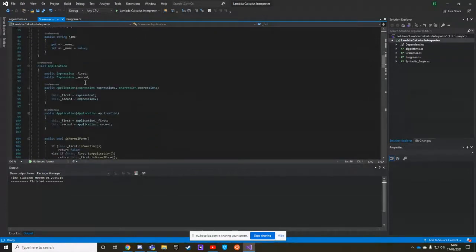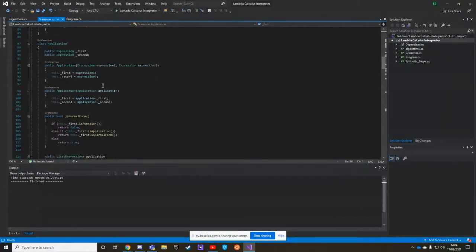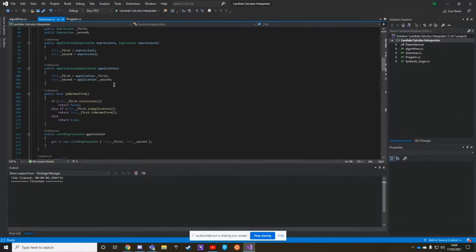Then in application, that's when it started to get a bit complicated for me, because I wasn't sure exactly how to follow it. But in the application one, you can have another expression, which is the first and the second one, and those are similar to Lambda as well, where you can split those off and go down those tree branches to the substitutions and things like that.